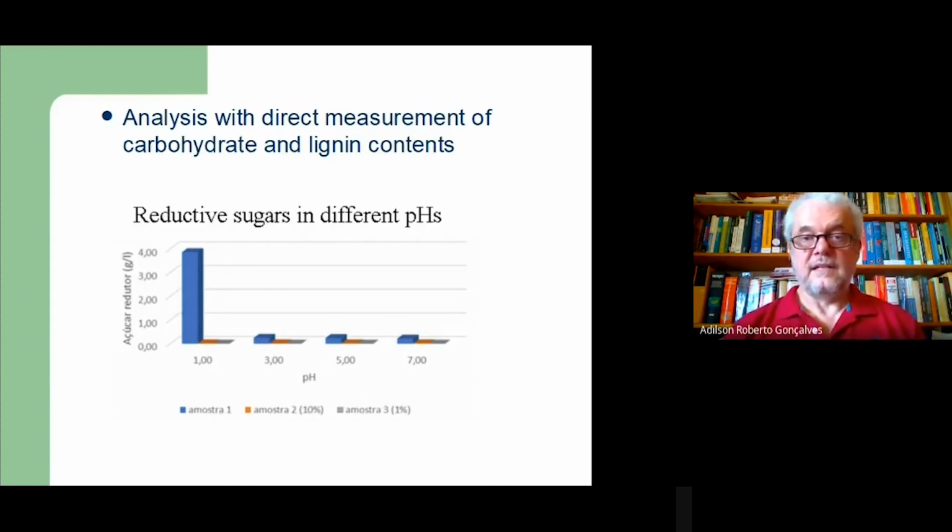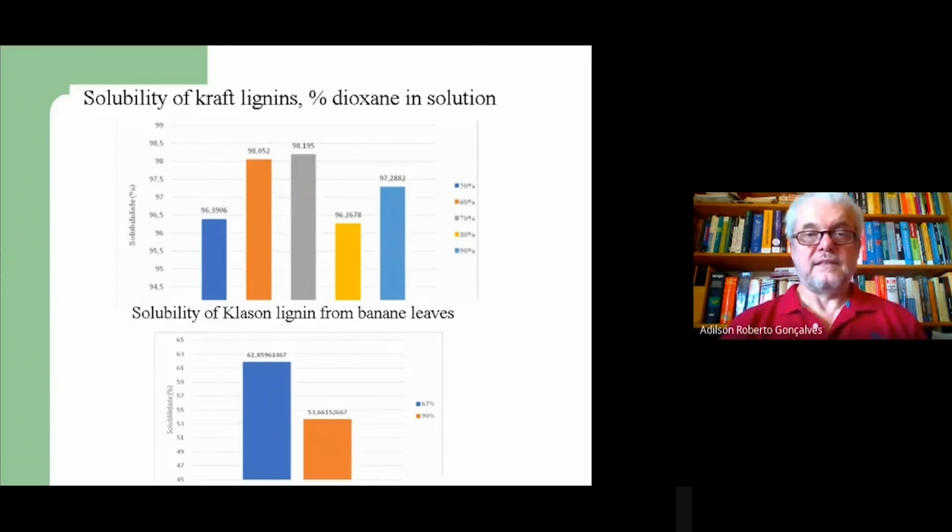We can make that at different pH, but pH 1 is the pH we obtain after the sulfuric acid Klason method hydrolysis, then you can measure it, as we can see here in this blue bar, okay?